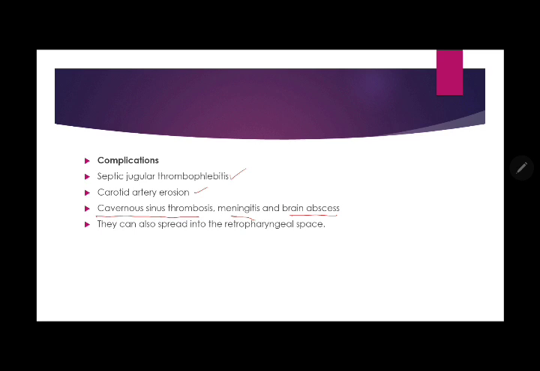So these lateral pharyngeal space infections often have a potential to spread upwards, causing the cavernous sinus thrombosis, meningitis, and brain abscess. They can also spread into the retropharyngeal space.